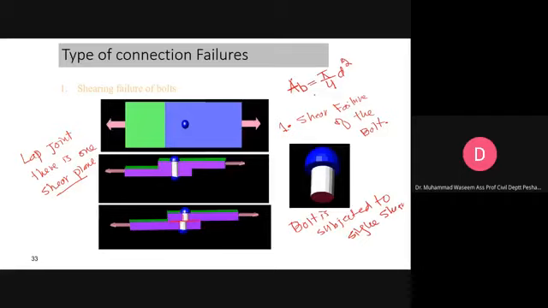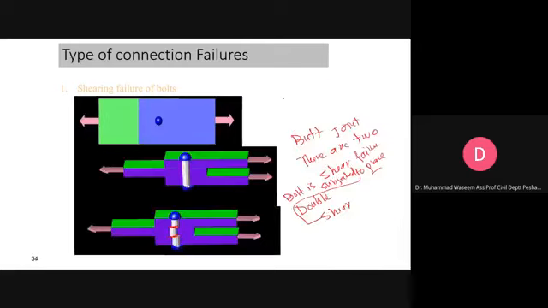So in case of single shear, this formula you can use. In this case, what you have to do is multiply it by 2, and this will become pi, I'm sorry, pi d square by 2.